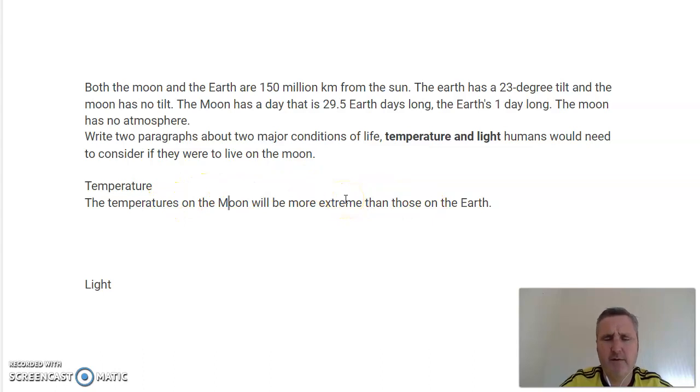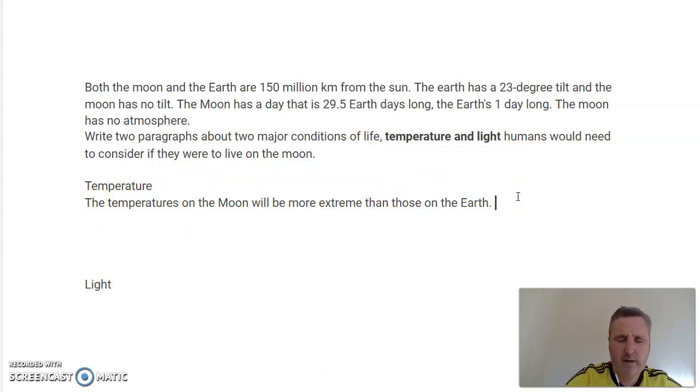But that might be true, but I'm not explaining why that's true. And part of scientific writing is explaining why something's true. So why is the Moon temperature so more extreme? Extreme means hotter and colder.